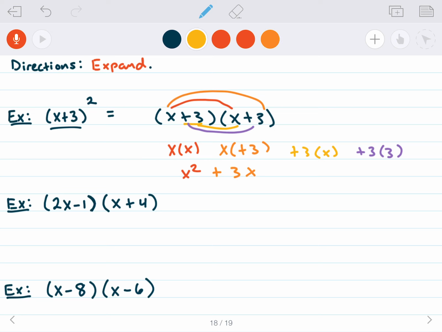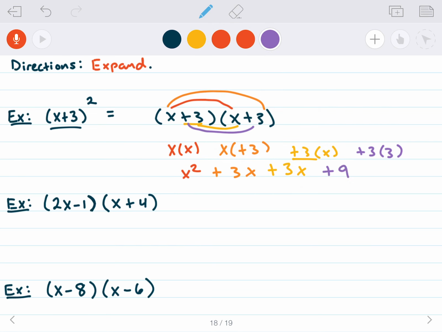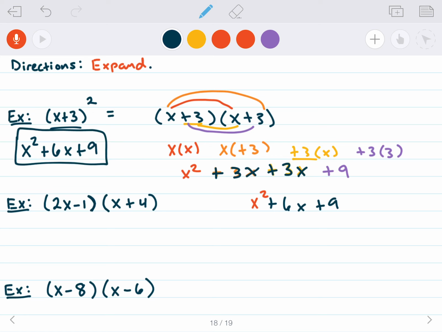Positive 3 times x is just positive 3x, and positive 3 times positive 3 is positive 9. I have like terms in black. So this becomes x squared plus 6x, right? Like terms, plus 9, and that is my final answer. That is my answer here, fully simplified.